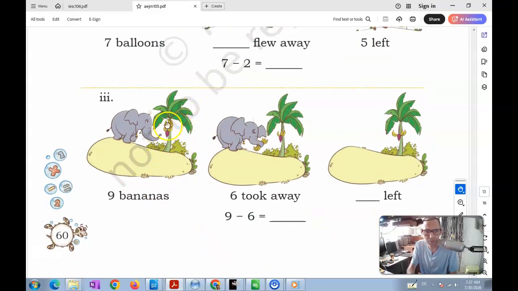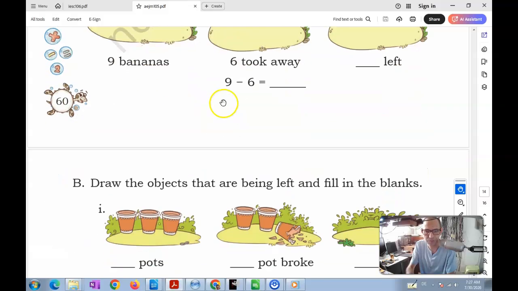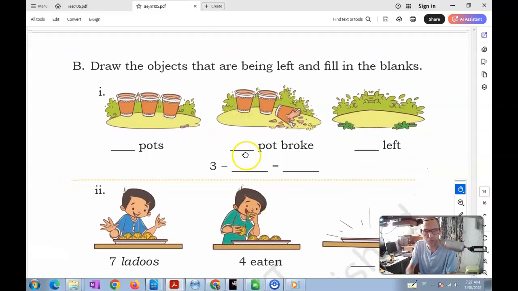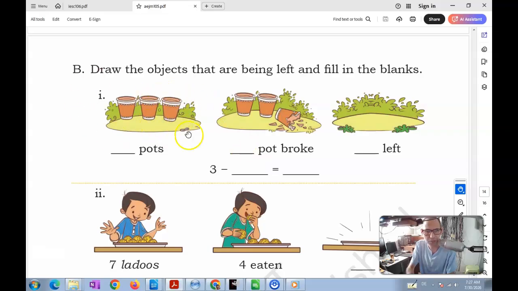You have 9 bananas over here, and then the elephant takes away essentially 6 of them, which means that you have 9 minus 6, which means that 3 of them are left on the tree, right? Or for example, you have 3 pots over here, and then one of them breaks, and then you have 3 minus 1, which is equal to 2 pots left.